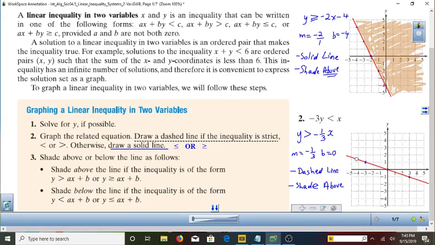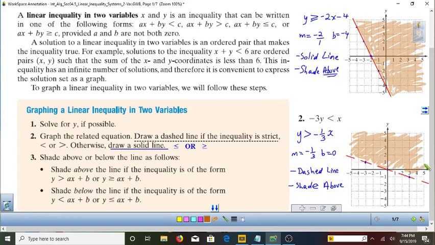So I'm just going to make this into a dashed line right there, so that you can see that this is not supposed to include certain values. So it's a dashed line. And then we're going to shade the region above the line right there. And there we have it. All points in that region that I'm shading are solutions to that inequality.